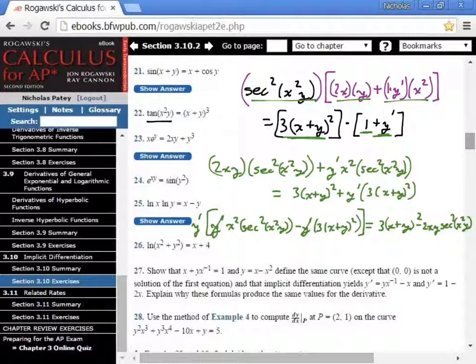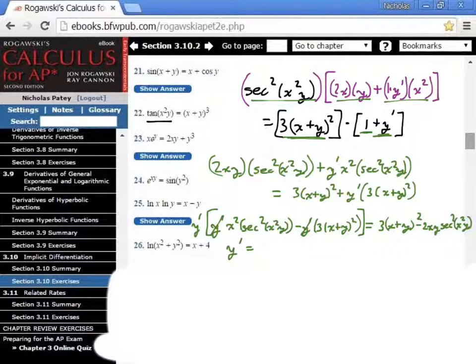So now my y prime, to get that alone, I'm going to have to divide both sides by this. Man, this problem is so gnarly. So we have y prime equals, actually let me get some more space down there, 3 times x plus y squared minus 2xy secant squared of x squared y.